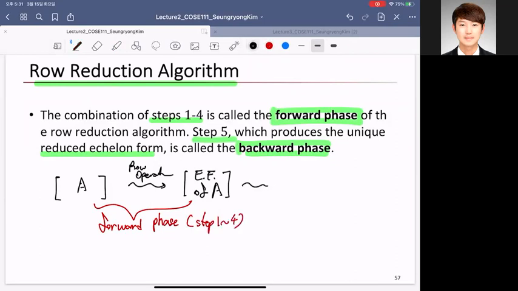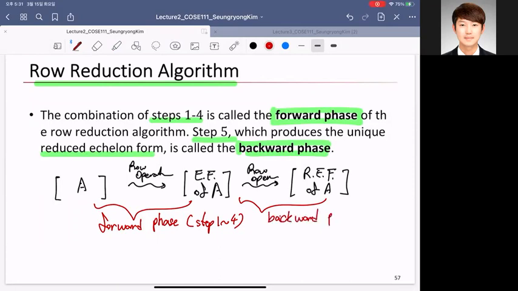Then by further applying row operations, we can achieve the reduced echelon form of matrix A, which is called the backward phase, step 3 in the previous example, step 5 in the previous example.